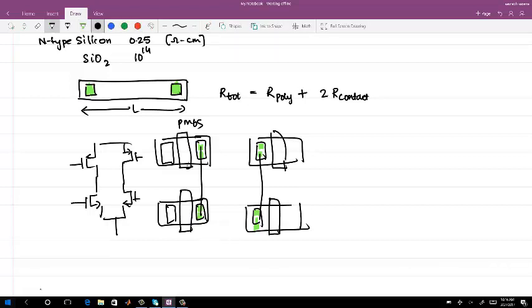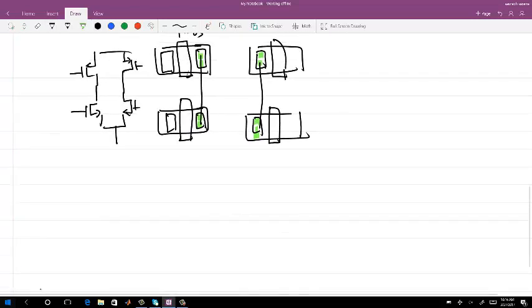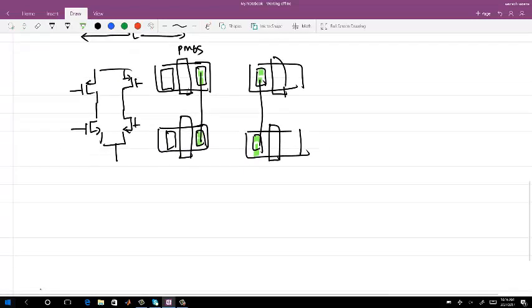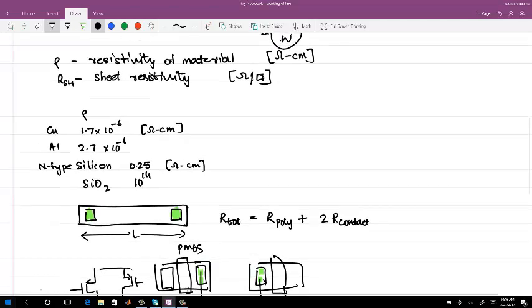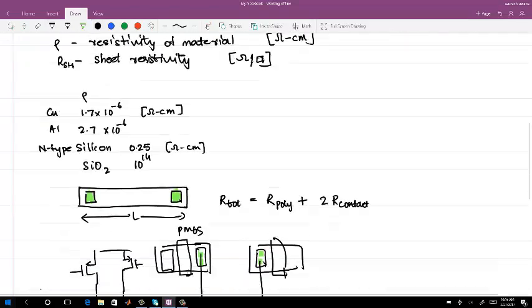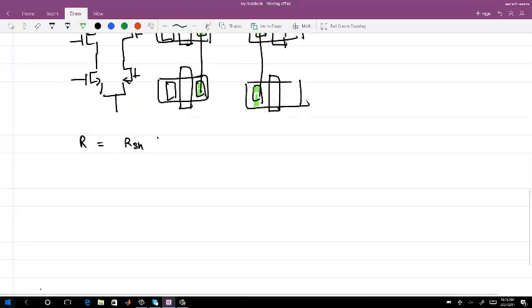Okay, other than that, now if you look at the resistance variation, which is R equals Rsh times L over W, what all things can cause the variation in the resistance?